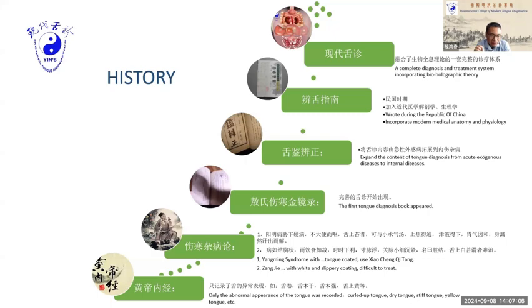When time goes to the Han Dynasty, in the Shanghan Zabing Lun, the master Zhang Zhongjing used the tongue as a diagnosis method, but it was also not the main diagnosis method in the Han Dynasty.